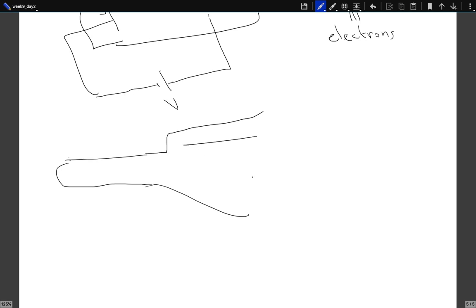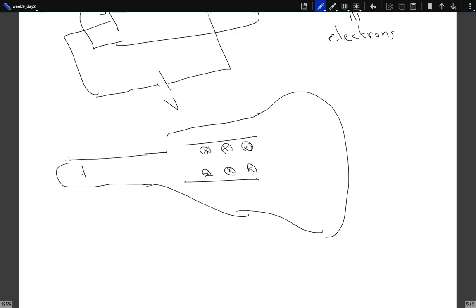Here you have a region where you put a large electric field, and you also create a magnetic field into the screen. This is your screen. So here you create your cathode rays. Then you send them through a hole.